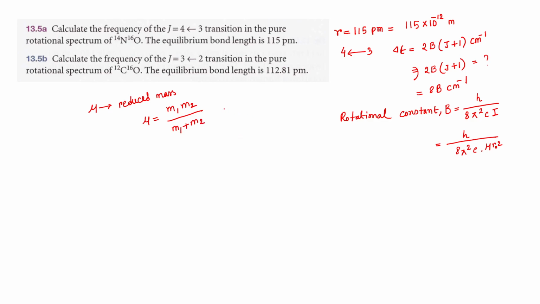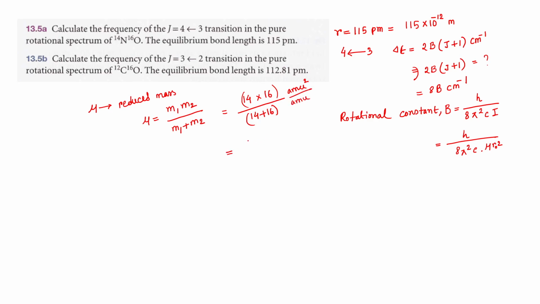So what is here? As you can see, m1 is, suppose, 14 into 16 by 14 plus 16. This is atomic mass unit square by atomic mass unit, right?